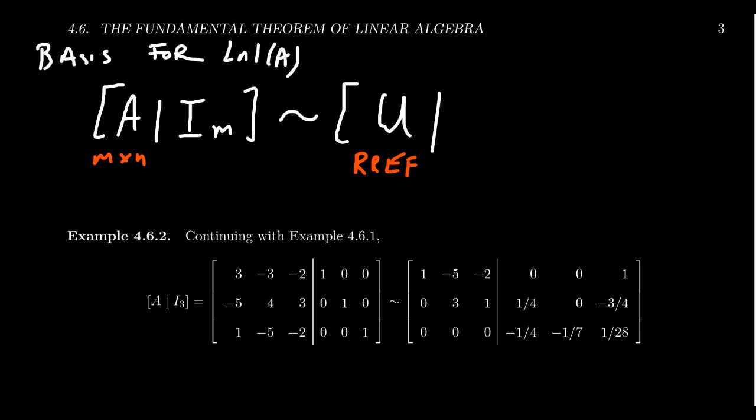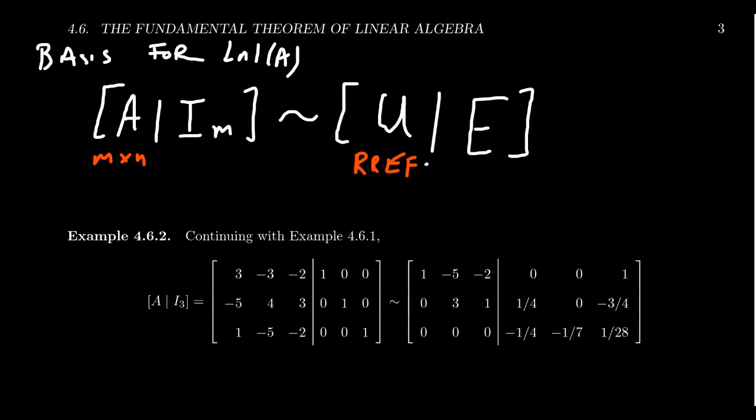But yeah, any echelon form would work right here for U. Now, in the process of reducing A into U, the identity matrix will transform into a matrix we'll call E here. And so I will transform into this matrix E right here.